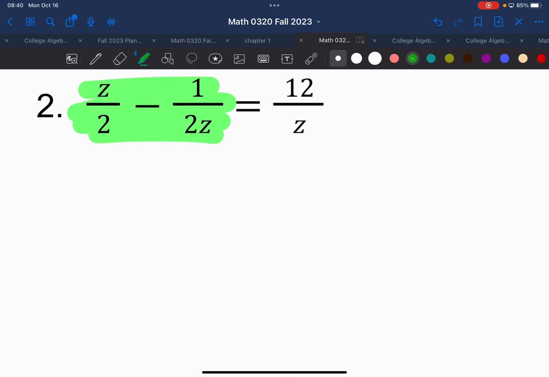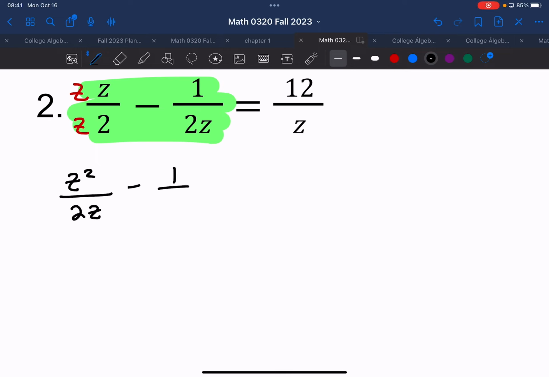So the only thing we would have to do to that first fraction is multiply top and bottom by z. Okay. When we do that, we have z times z, which is z squared, and 2 times z, 2z, that common denominator we were trying to get, and I'm now bringing the rest of my equation down.